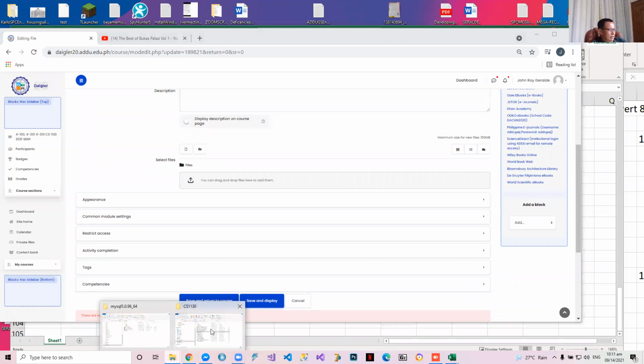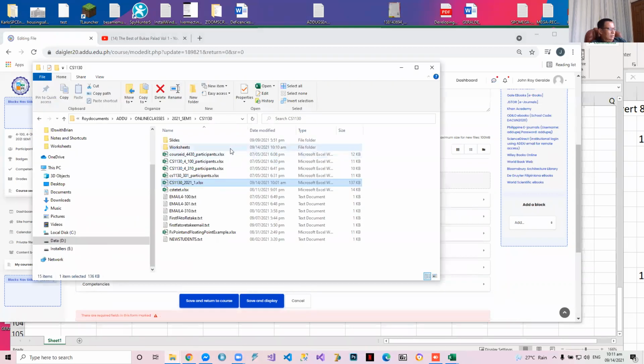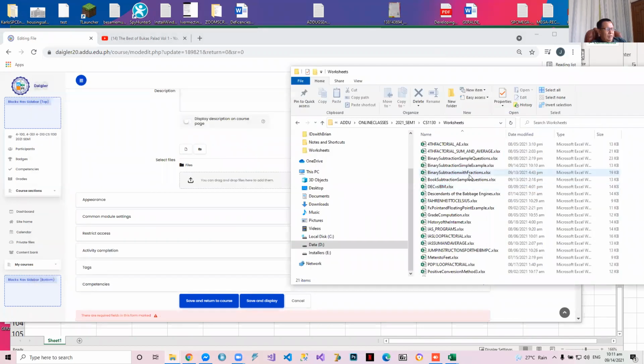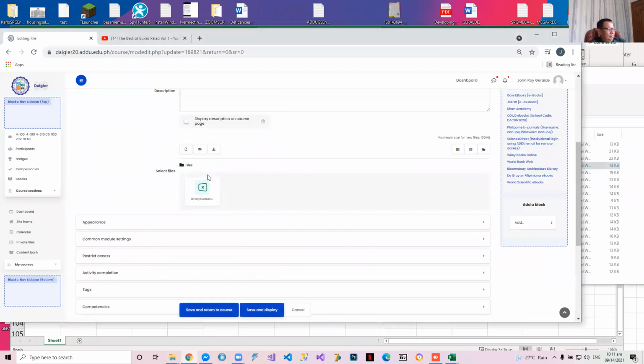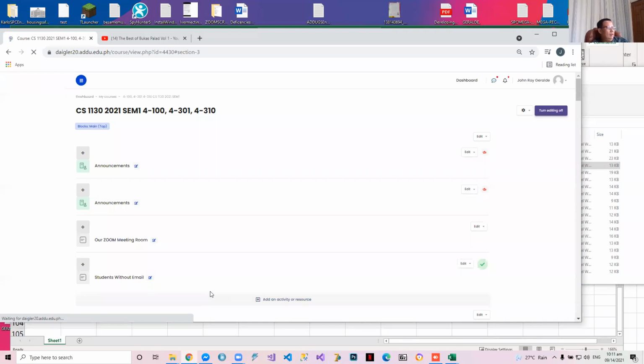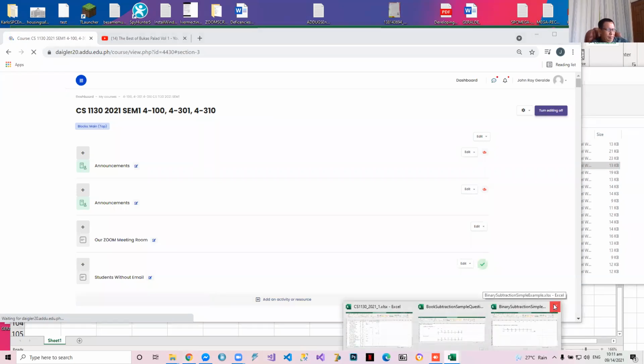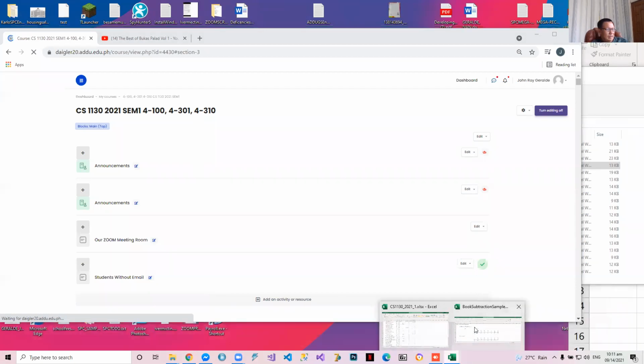Update this, now this is better. So we have a simple example. Okay. Now, what I'd like to show you is the binary subtraction itself.